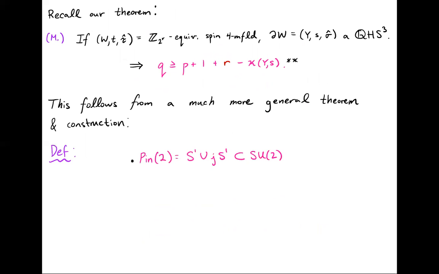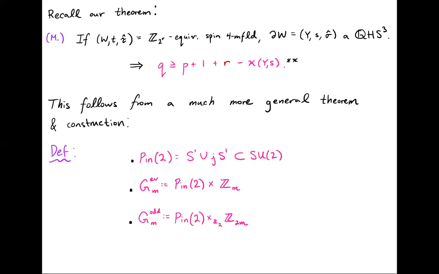Okay, so consider the Lie group Pin2, the disjoint union of two circles sitting inside the unit quaternions SU2. And I'm going to define these two groups. G even m is Pin2 times Z mod m, and G odd m is Pin2 times Z mod 2m modulo the diagonal Z2 subgroup.